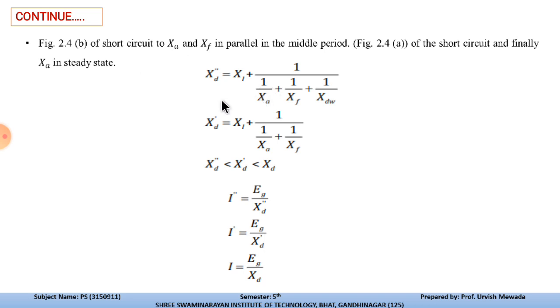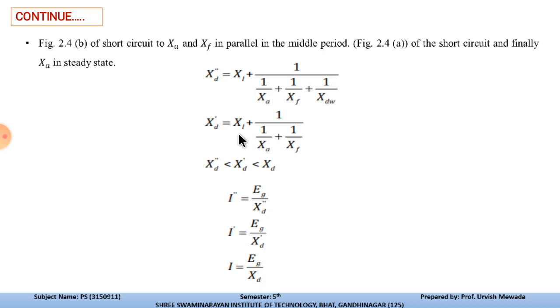So Xd double dash is equal to XL plus 1 upon (1 upon XA plus 1 upon XF plus 1 upon XDW), as the three reactances XA, XF and XDW are in parallel. This is the formula to solve that parallel reactance, and XL is in series with the three reactances.